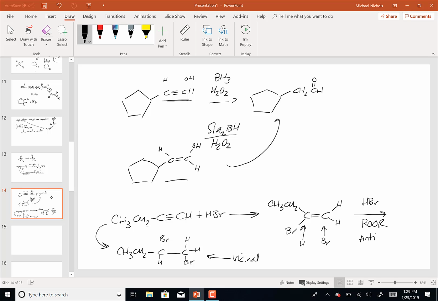Kind of a trick question, because we can't go there in 1 step. Somebody might say we can do it with Br2, but Br2 leaves a double bond behind. So we can't do it with Br2. If we want to make a vicinal dibromide, we have no choice, 2 steps.